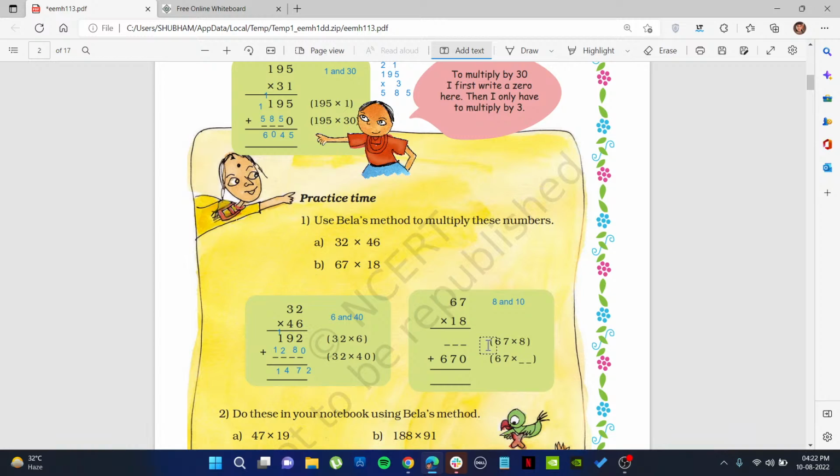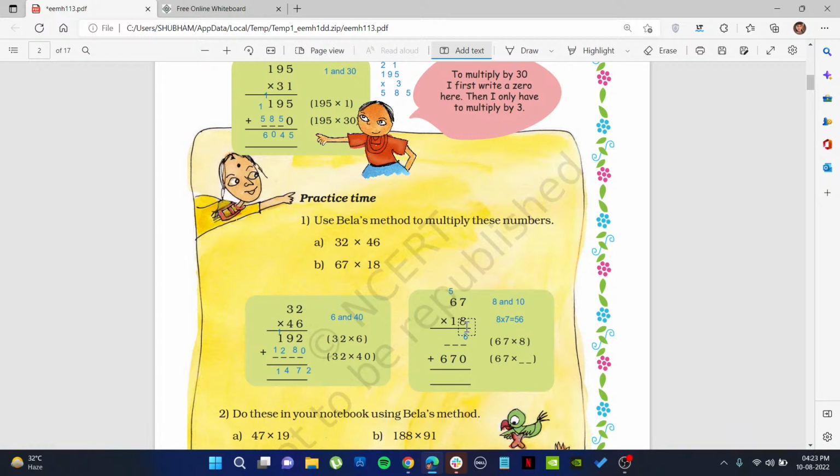So if we multiply 67 with this 8, 8 times 7 gives us 56. So here we will be writing 6. 5 will be regrouped to the next column and we'll be writing it at the top.